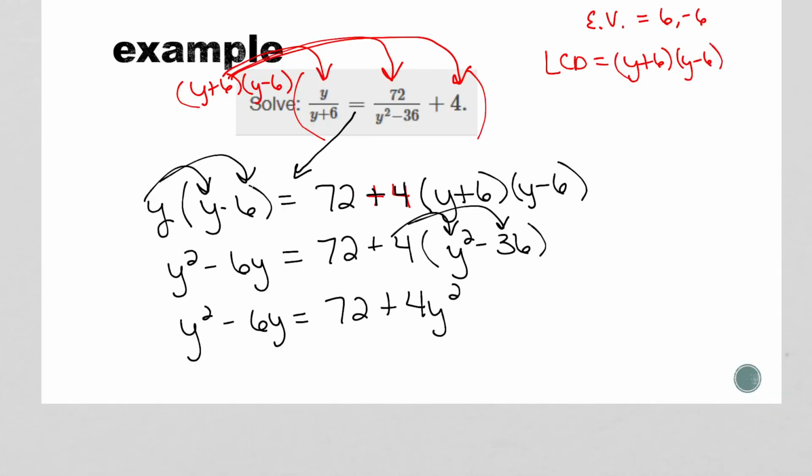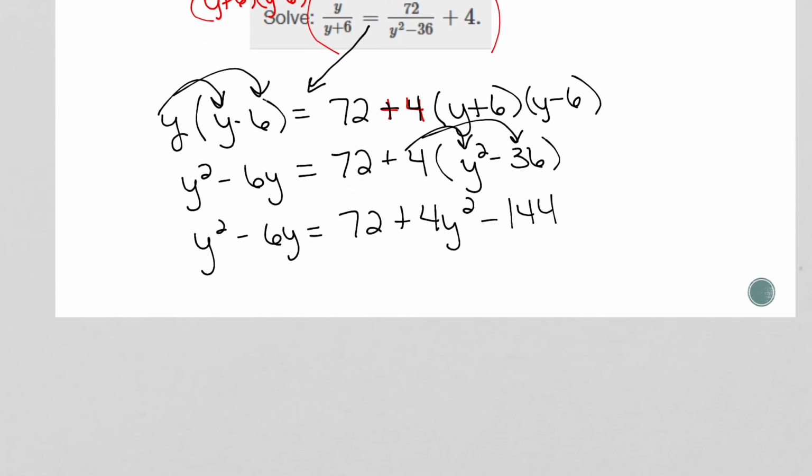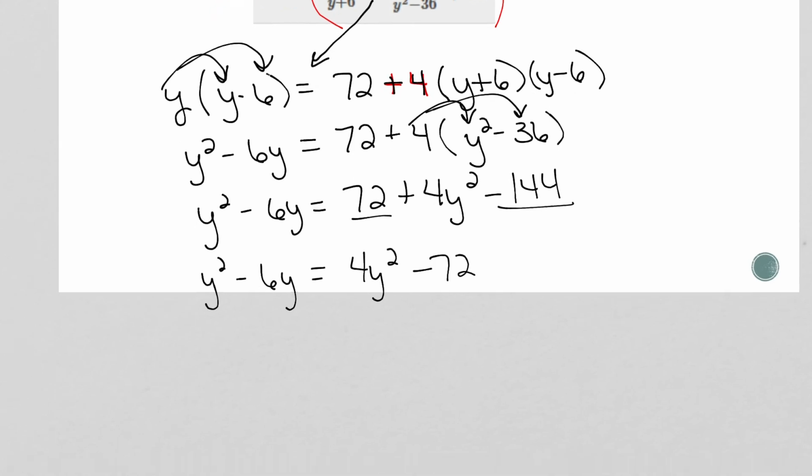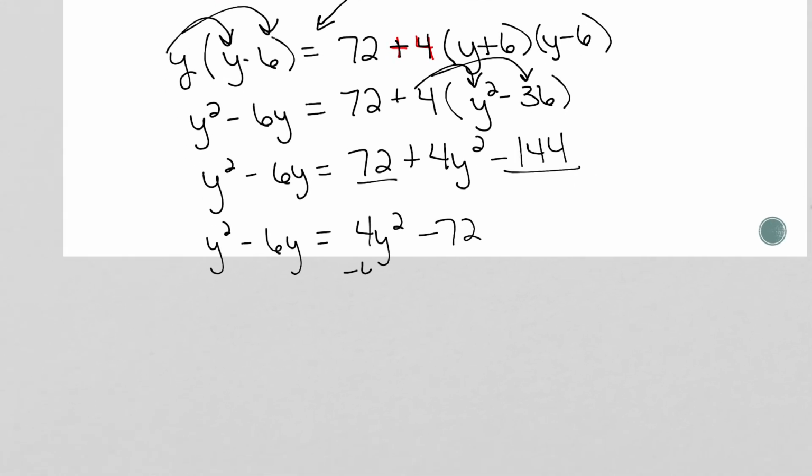So it is negative 144. Okay, now we can combine some like terms here and here. So I've got y squared minus 6y is equal to 4y squared, and 72 minus 144 is minus 72. Okay, the next thing I would do is pull everything over to one side.